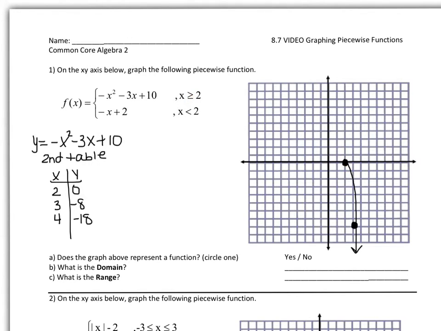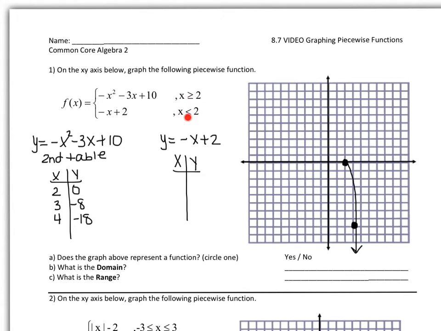Now I want to graph the line here. So clear out whatever you have in your y equals and put in y equals negative x plus 2. And look at the table. And once you do that, we want values that are less than 2.